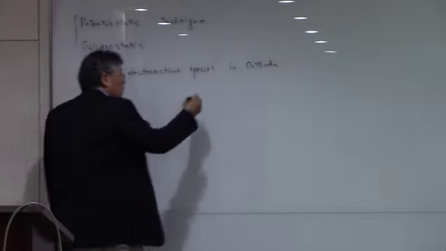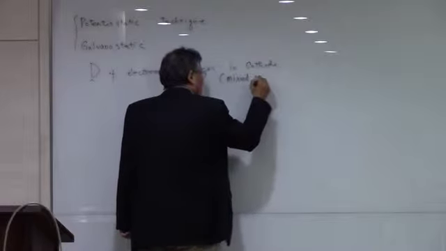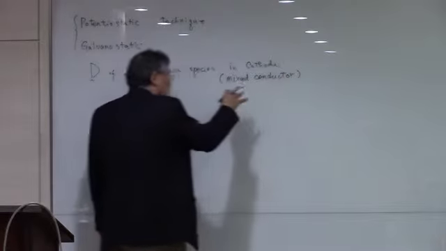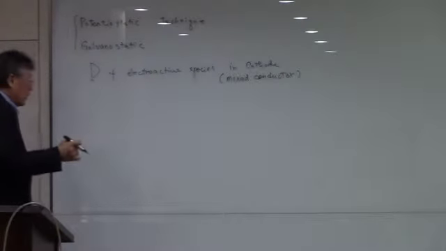And the cathode is supposed to be a mixed conductor. Means it should be electronically conducting and ionically conducting.